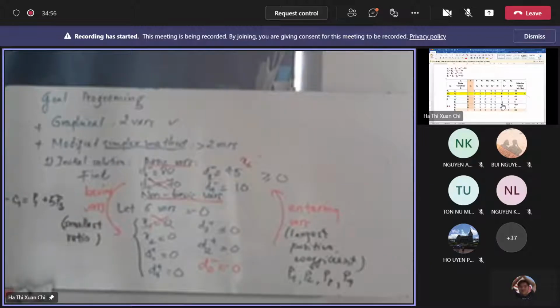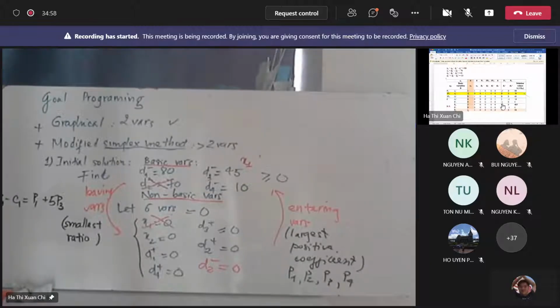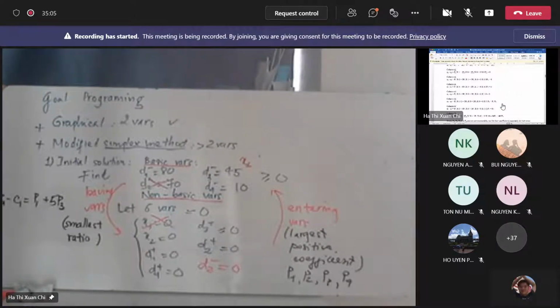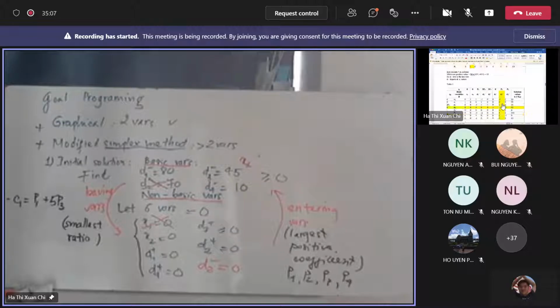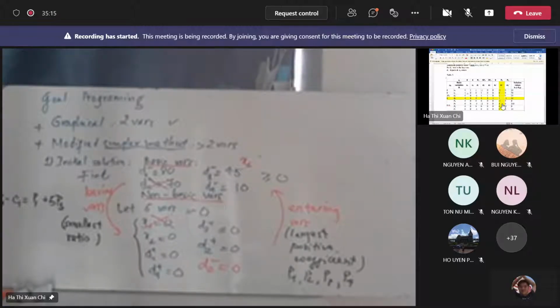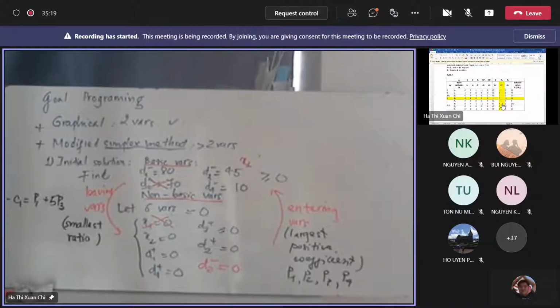So the number here should be equal to 0, right? Also the same. We try to make it equal to 0. So we will have here, you see 1 and 0 because that is basic. And we have a new value here.